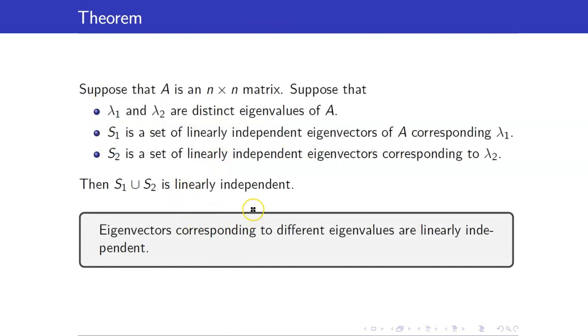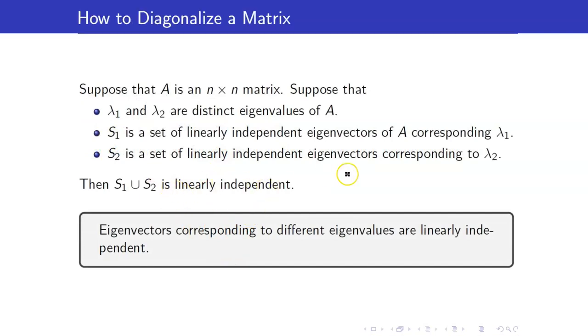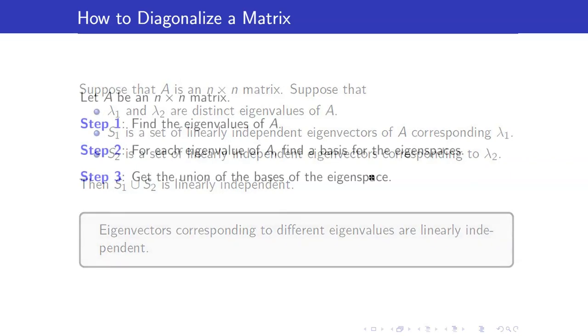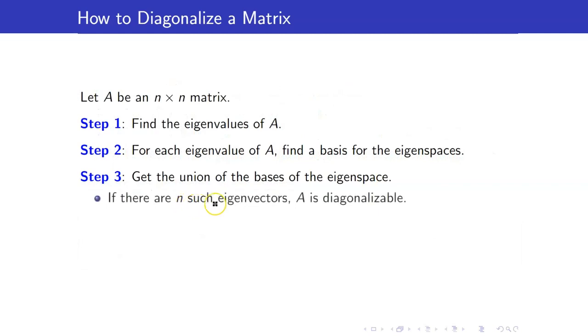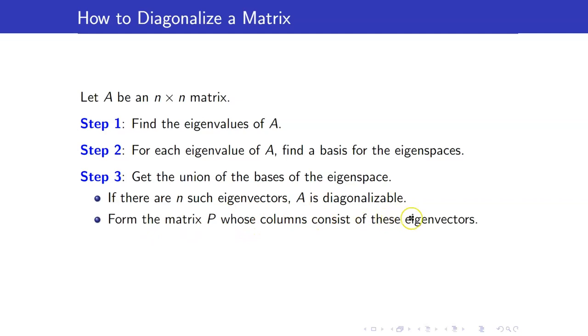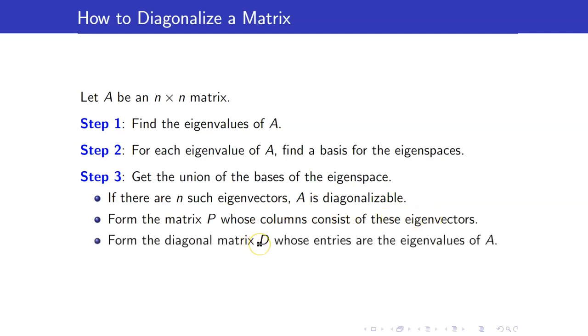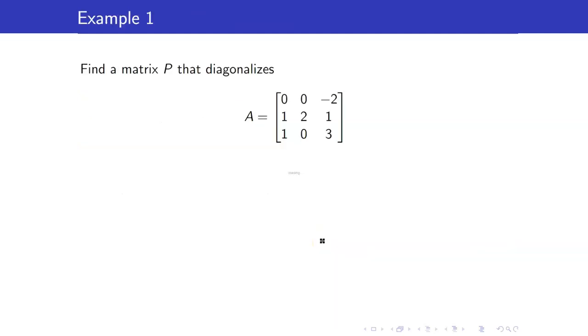And from this theorem, when we get the union of the bases of the eigenspaces, that set will be linearly independent. If there are n such eigenvectors, A is diagonalizable. Otherwise, A is not diagonalizable. Again, we form the matrix P whose columns consist of these eigenvectors, and the diagonal matrix D will be the matrix whose entries are the eigenvalues of A.